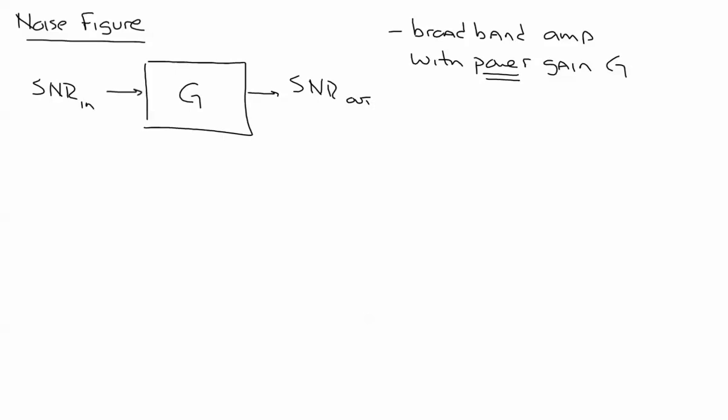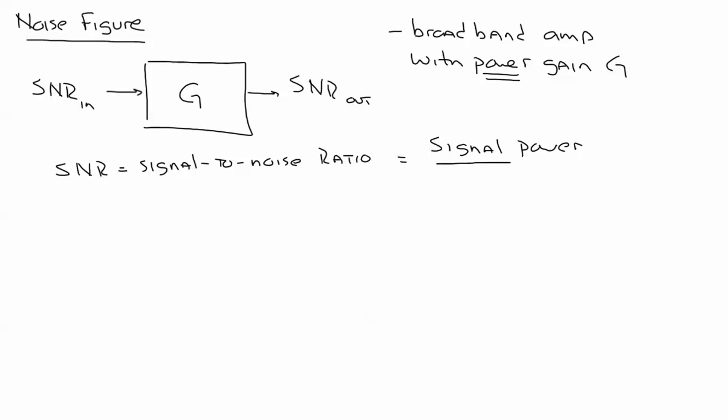Signal to noise ratio is signal power divided by noise power.